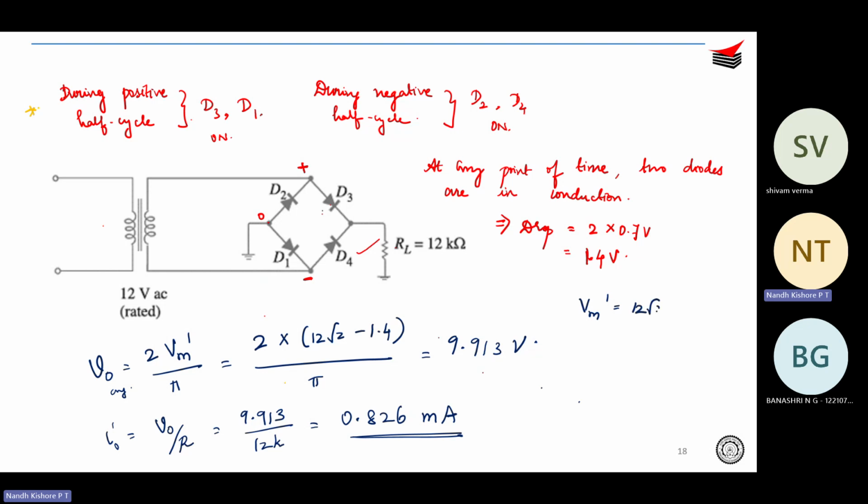That is, 12 root 2 is coming at the supply, then you have a drop of 0.7 and 0.7 in the two diodes that are in conduction, which means 12 root 2 minus 1.4, right? That is the peak supply minus the drop.